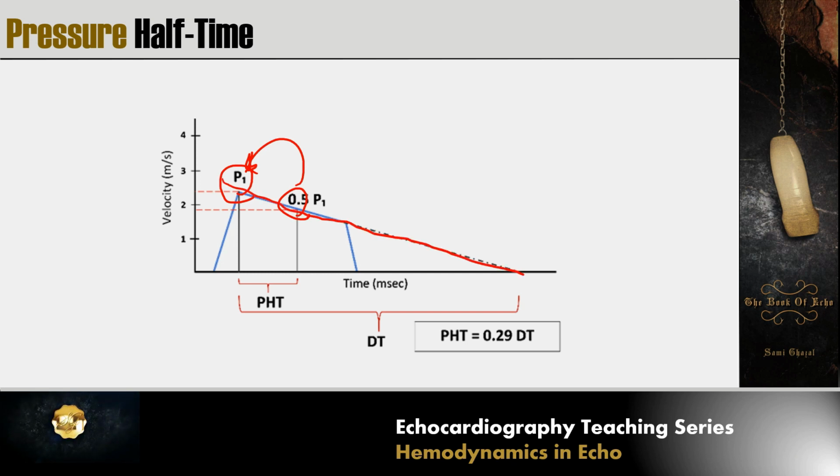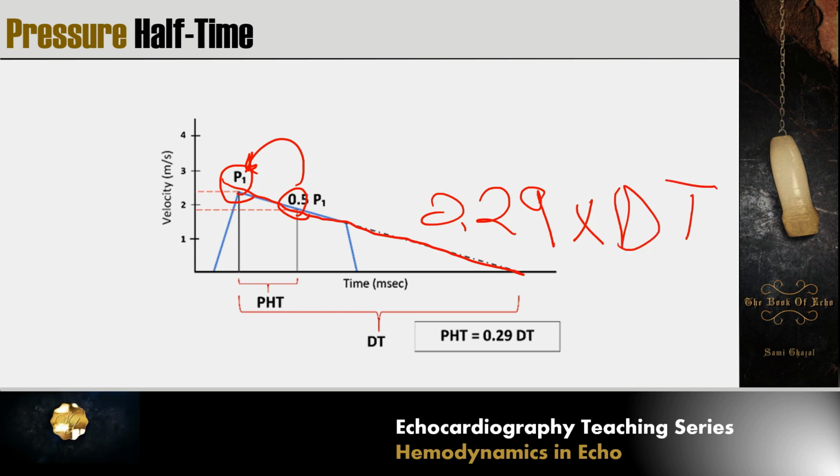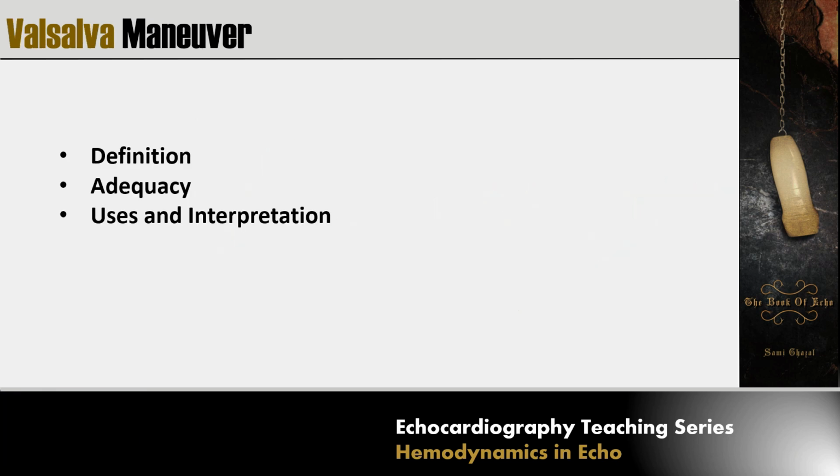We have this deceleration time as follows. We just multiply it by 0.29, 0.29 times deceleration time, and we get the pressure half time. We use the pressure half time in estimation of valve pathology like in mitral stenosis as well as aortic regurgitation.